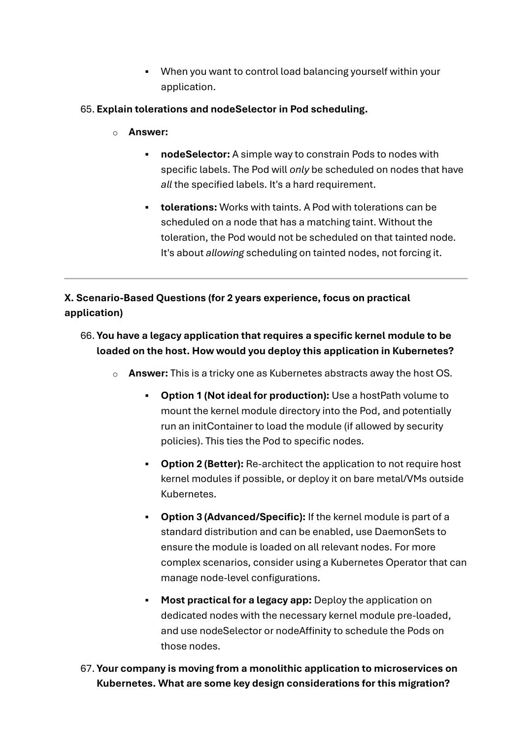For more complex scenarios, consider using a Kubernetes operator that can manage node-level configurations. Most practical for a legacy app: deploy the application on dedicated nodes with the necessary kernel module preloaded, and use nodeSelector or node affinity to schedule the pods on those nodes.